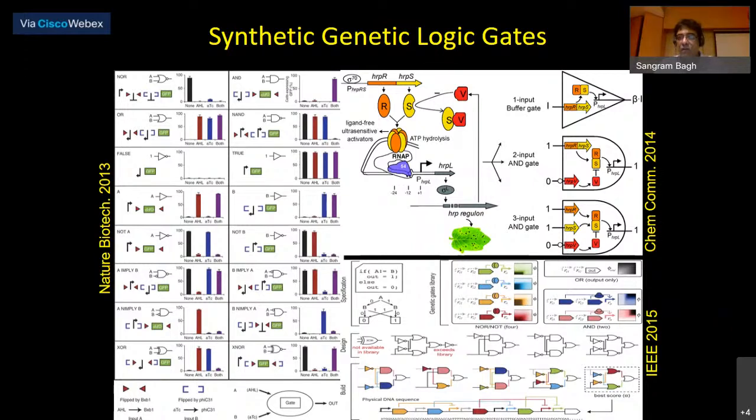If it is present, it is 1. If it is not present, it is 0. And it is going to produce some other biomolecules, like proteins or metabolites, and that's your output. It is either on, producing in a high amount, or it is producing zero or a low amount. So that is the 0 and 1. When you connect these things, people have developed all the basic logic gates inside the cell in synthetic biology.